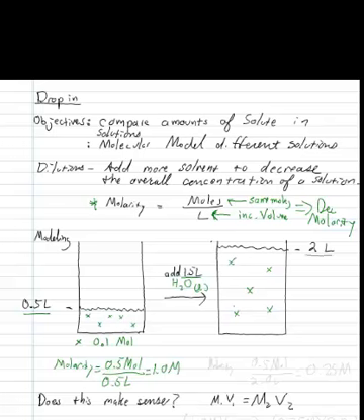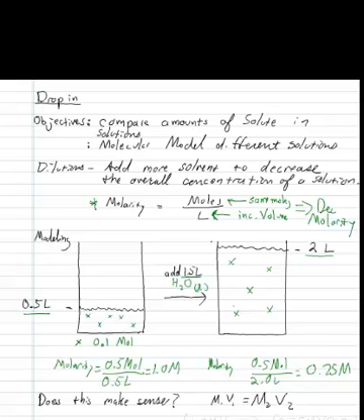So my molarity in the end is 0.5 moles over 2.0 liters, giving me a molarity of 0.25. So you can see how my concentration decreases here.